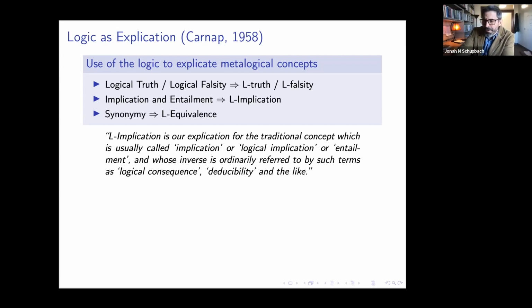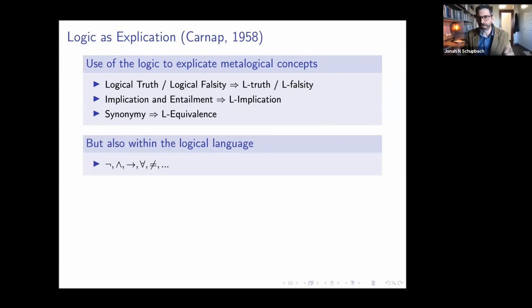But we can also think of logics as involving explications, not just allowing us to do explications on the metalogical level, but involving explications within themselves, within their own language, right? So you can think, for example, of the formal connectives in this way.